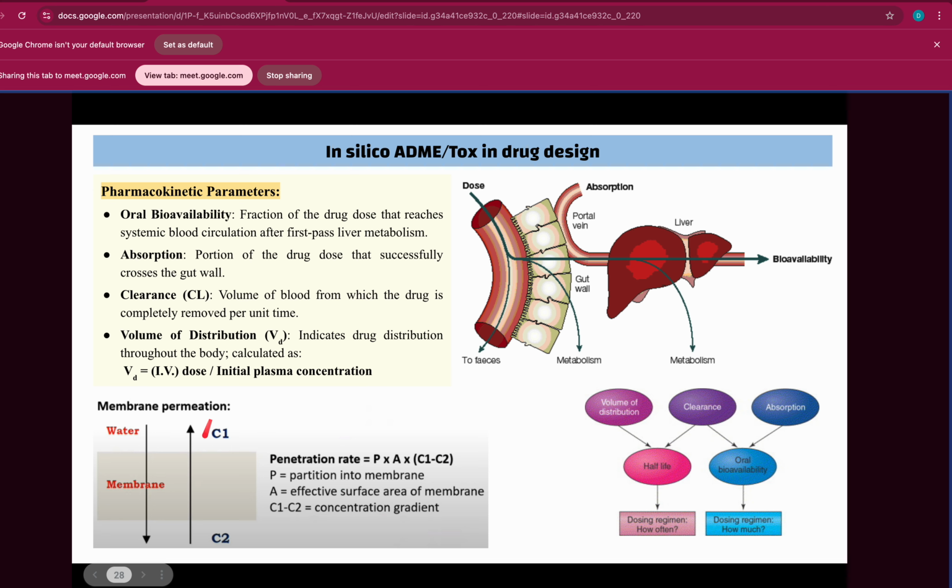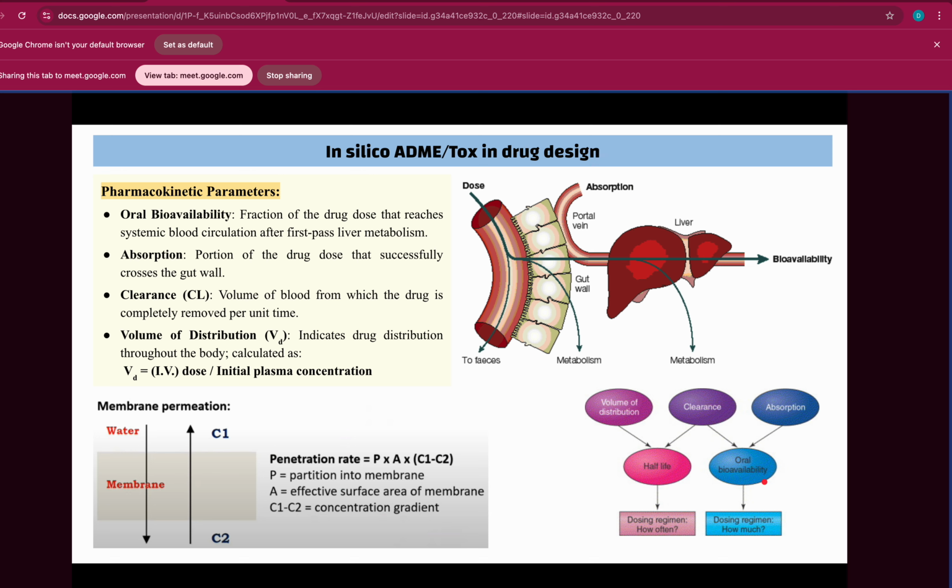And this is membrane permeation, whether your drug will be able to penetrate or permeate through the membrane or not. This is how the penetration rate is calculated. And now there are different factors such as half-life and oral bioavailability of a drug.